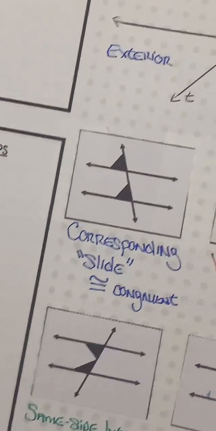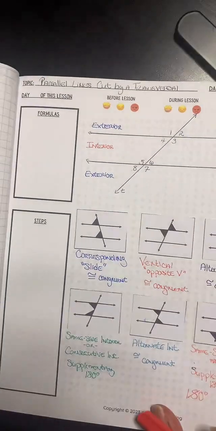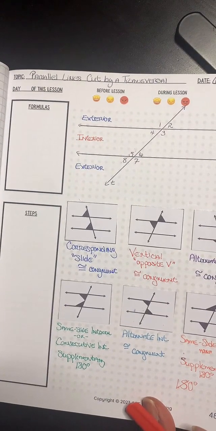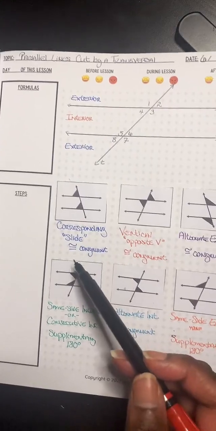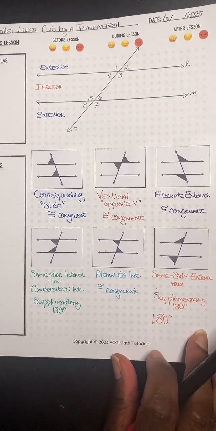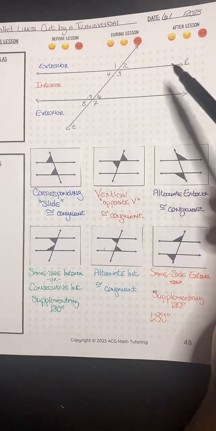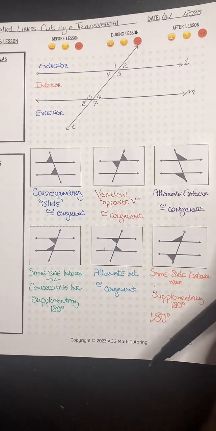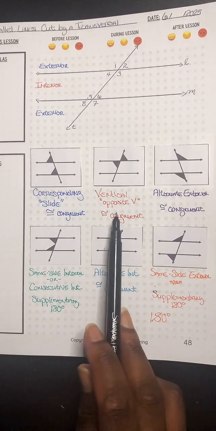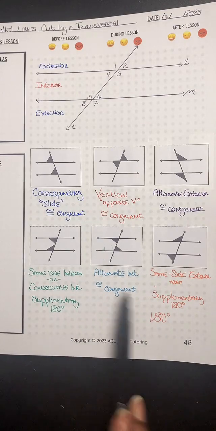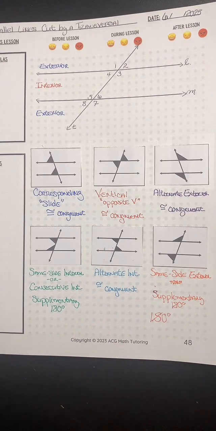So these are some of the questions, one of the questions I noticed that was on the T-test that wasn't on the other ones. But let me unzoom so you can see. As long as we understand that we have 6 different types of angles put together by having 2 parallel lines cut with a transversal: corresponding, vertical, alternate exterior, alternate interior, same side interior, and same side exterior.